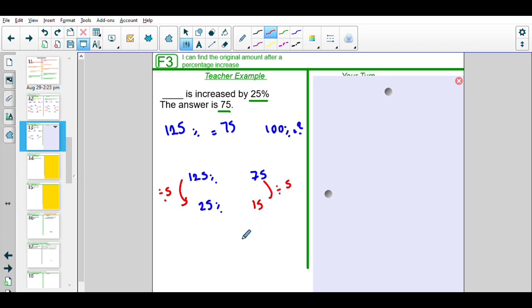Then from 25% to get to 100% can be times by 4. That applies to both sides as well. 15 times 4 is 60. So I could say 60 is increased by 25% and the answer is 75.